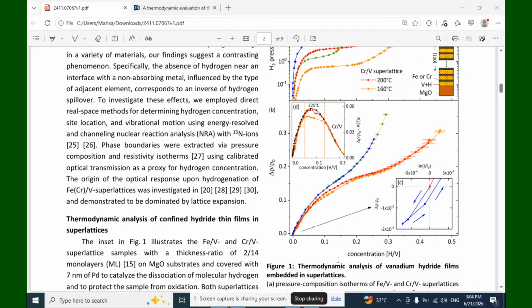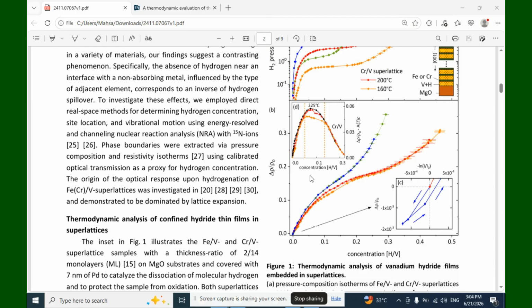And in the next section, on the x-axis we have the concentration, and on the y-axis we have delta rho over delta rho zero, which relates to the density and concentration.